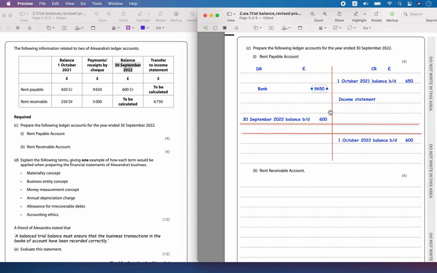So you add up 9,650 plus 600. So the value is going to be 10,250. So this amount has to be the same on both sides. So 10,250 minus 650 you have to do.